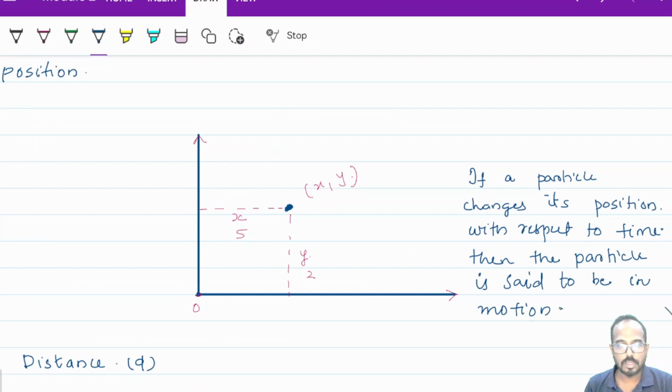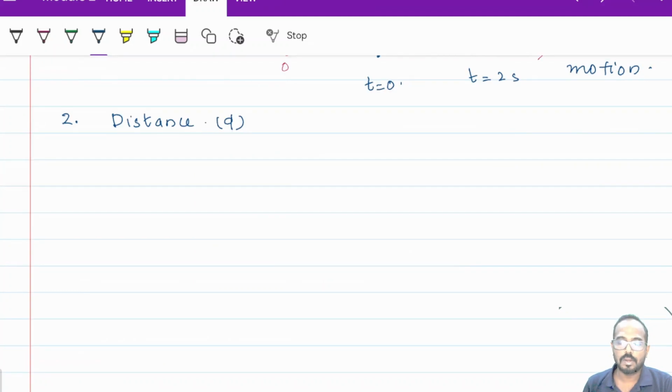You understood? What is motion? If a particle changes its position with respect to time, that means initially at t equal to 0 the position is this one, at t equal to 2 seconds the position has changed to this point, so with respect to time it is moving, it is having a motion. Understood?